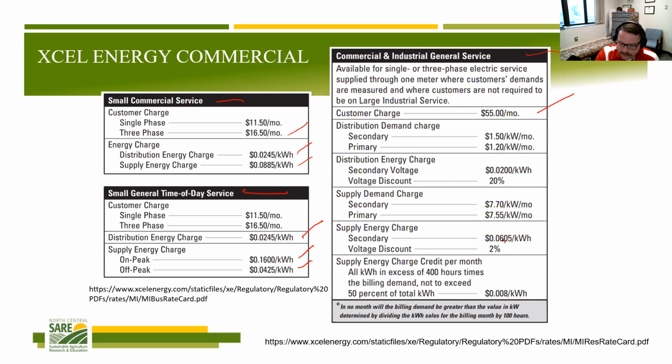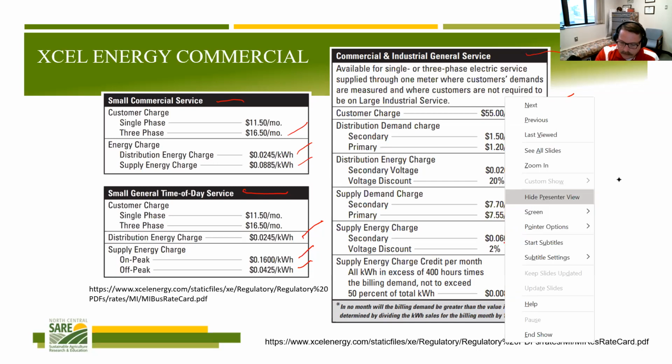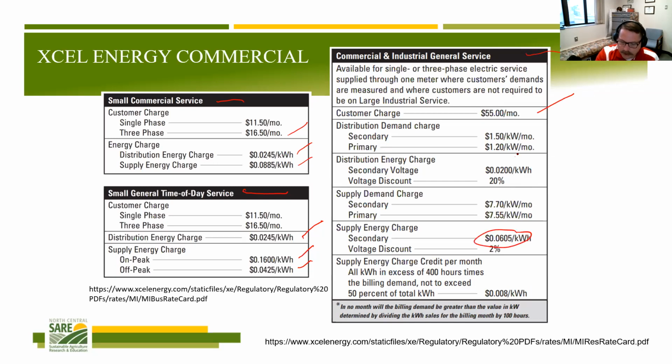We're at 6.5 cents plus 2 cents, so about 8 cents. So 8 cents is less than on the left-hand side, 11, and well, we saw 16 down at the bottom. So a lot of times when you have a larger system, we're going to charge less for the energy side because we're charging for demand to regain some of that other value.